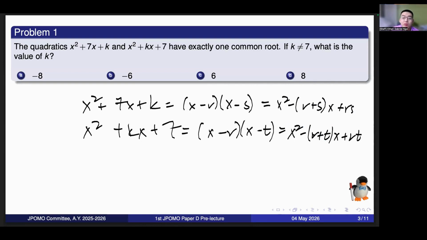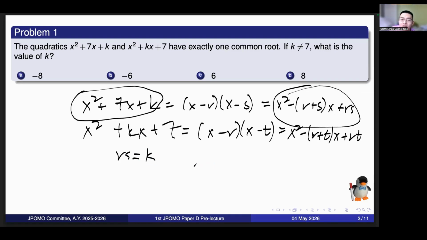So one way we will eliminate the variable r would be to consider that rs equals k, because we're actually comparing the coefficients on the constant term of this polynomial and the constant term of that polynomial, which is why rs equals k.